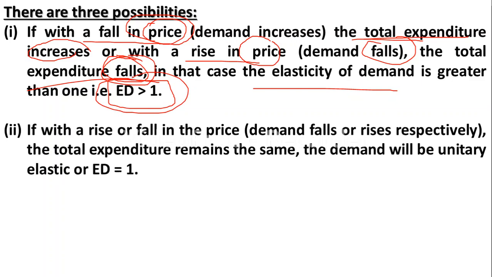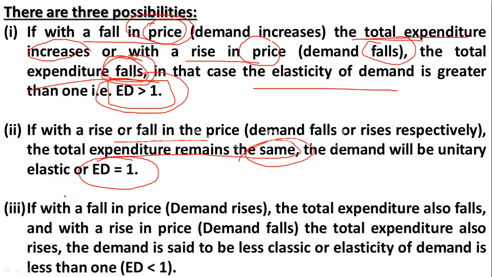Then the second possibility is if with a rise or fall in the price, the total expenditure remains the same, it is known as unitary elasticity of demand. So in this case, elasticity of demand is equal to 1. Price may rise, price may fall, but the expenditure remains the same.